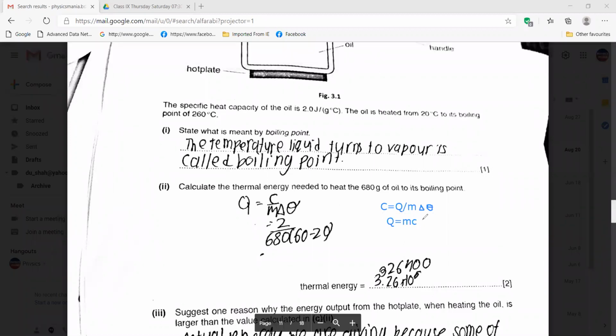Are you writing, Farabi? Please write it. Then you put in the values. All the values you put here, then you will get the answer.